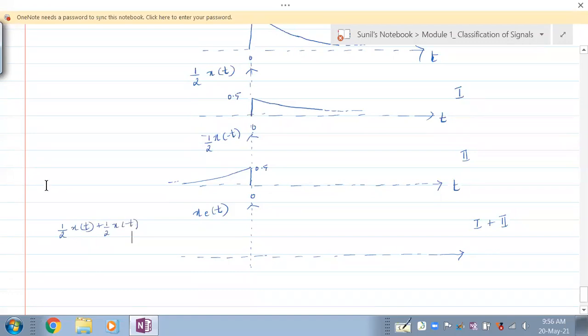So see here, from minus infinity to 0, you don't have the signal. From minus infinity to 0, you have a half x of minus t. So what will remain if you add these two? You will have half x of minus t only. On the right hand side you have half x of t, but here you have 0. So if you add these two signals, you will get the same.